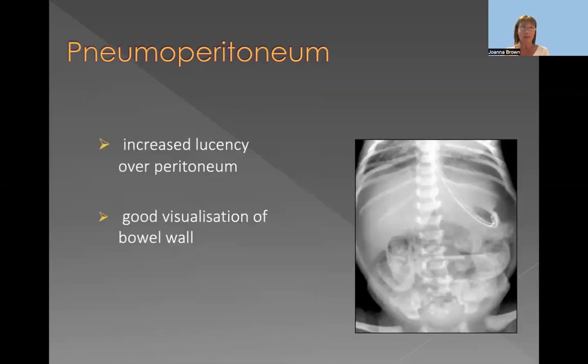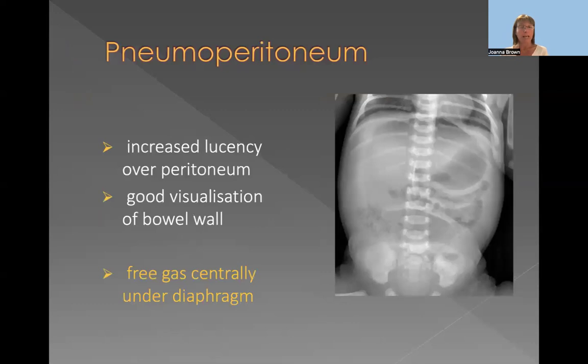And we also have a good visualization of the bowel wall that you can see here, and a large amount of free air within the peritoneum. That's something very specific for children, especially for the smaller children.